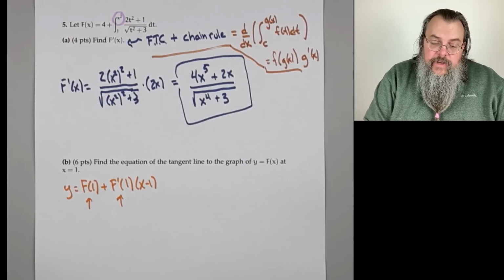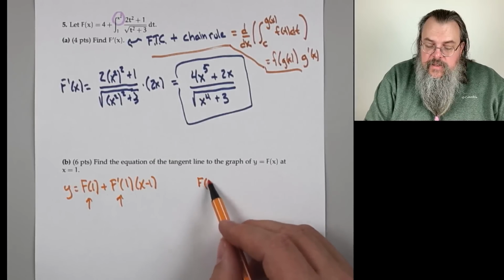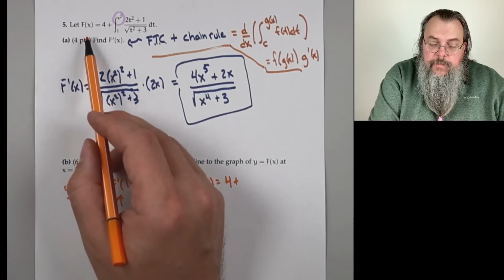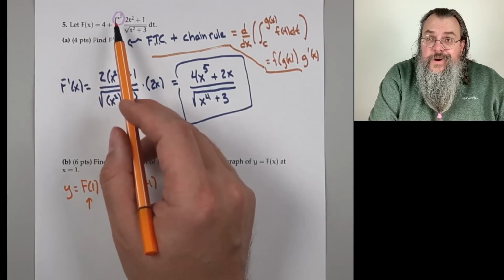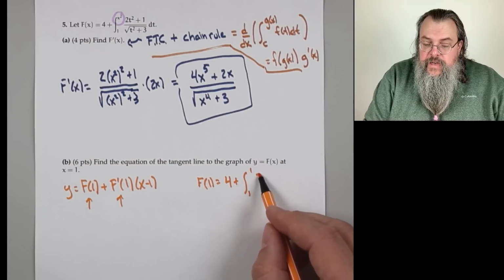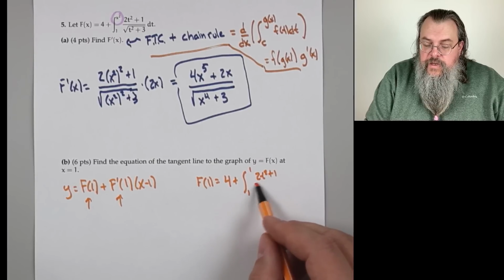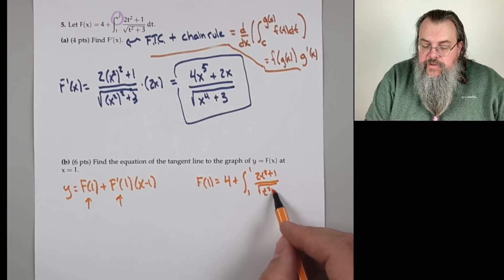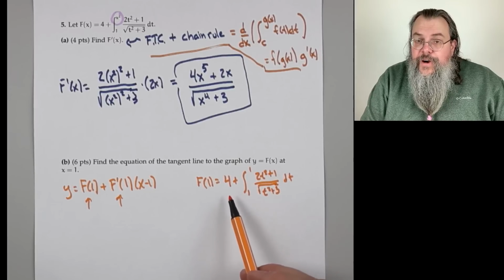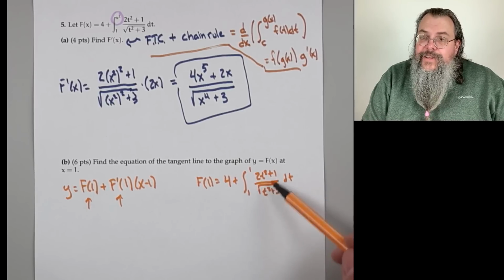Now, f of 1, let's talk about that. That looks hard, but if we just plug in everywhere where we see an x, we put a 1. Well, there's only one x. So there's the integral from 1 to 1 of 2t squared plus 1 over the square root of t squared plus 3 dt. Now, okay, the 4 we know is the 4, but how do you integrate this integral?